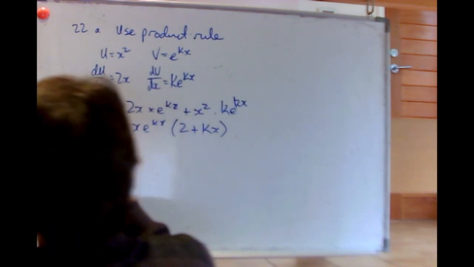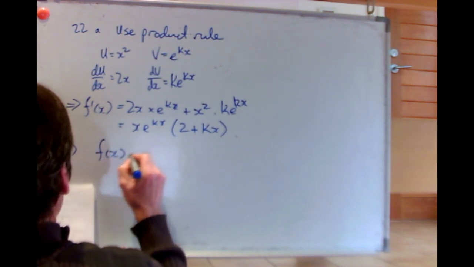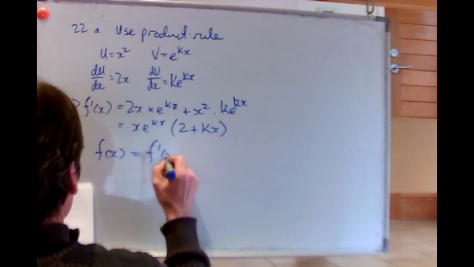Okay, in part B, we want an intersection. So we want to know where these two things are equal.